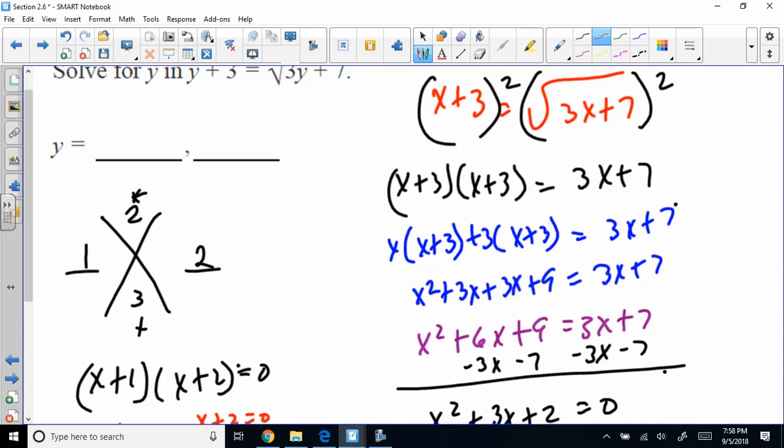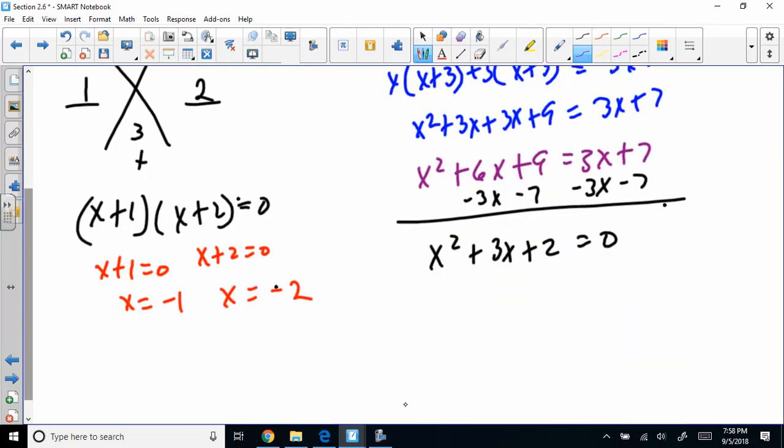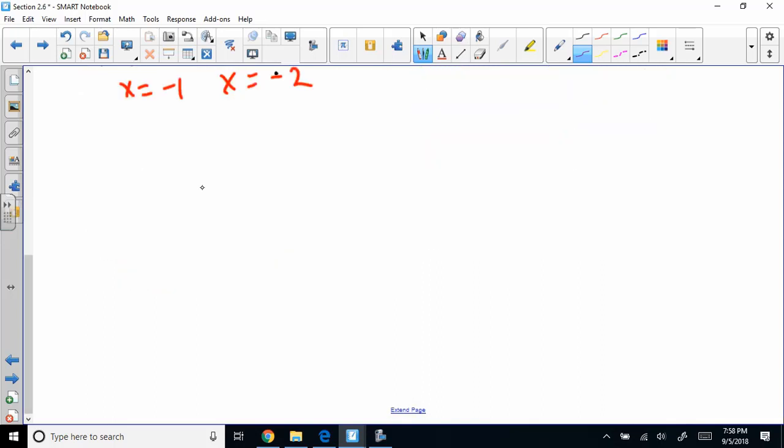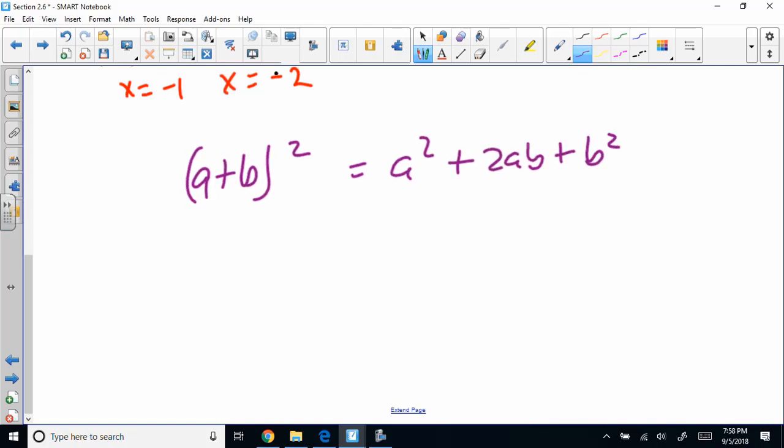Y'all agree? But y'all remember, this may jog your brain. Remember when you had to expand perfect square trinomials with addition, perfect squares with negatives, and then perfect cubes, all that stuff?